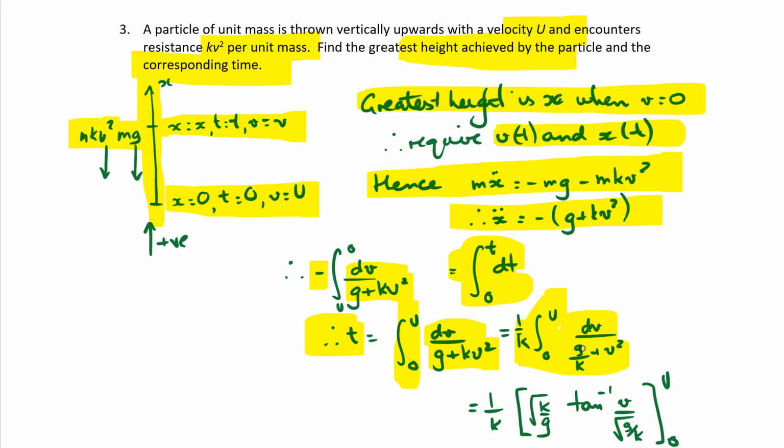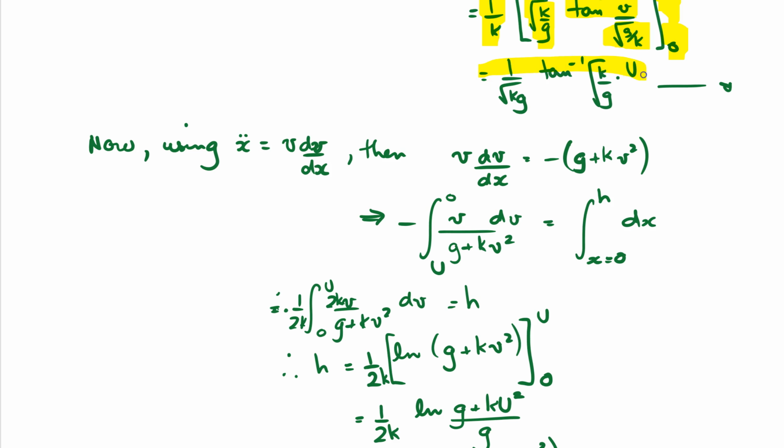So we've got this integral. And then when we go to our table of standard integrals, we've got 1 on square root of g over k, so that gives us this bit. Our 1 on k is still sitting out here. Tan to the minus 1, v on square root of g on k, and with these limits. So finally we get to t equals this expression here.